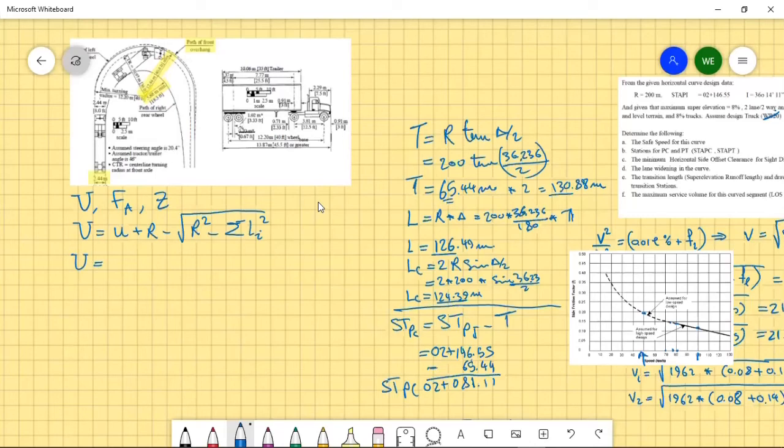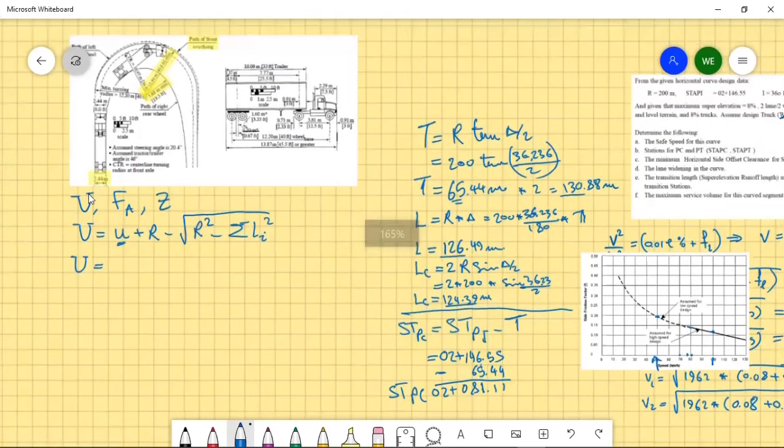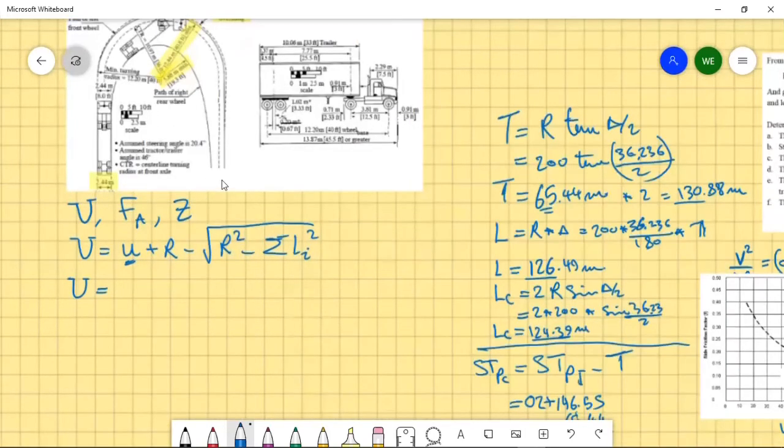What is u for this example? U is here. That's the normal wheel track width. So it's 2.44 plus r. R, that's the radius of design that we have, the radius of the curve, 200, minus square root of 200 square minus summation of L. Okay, how many L's do we have?